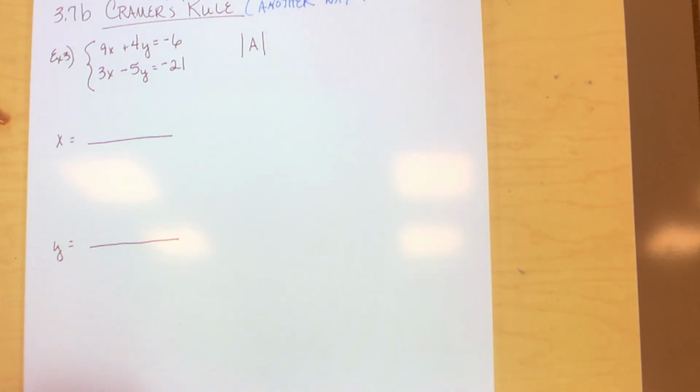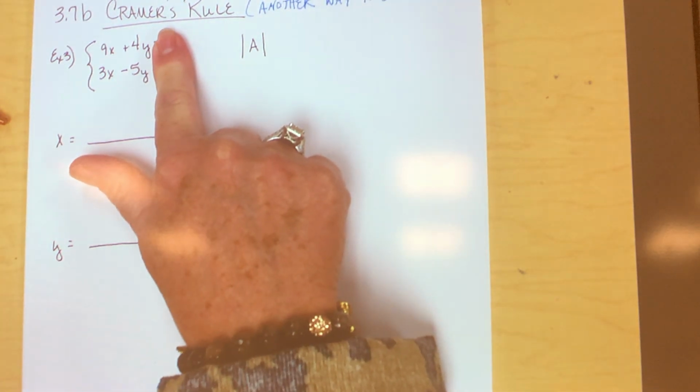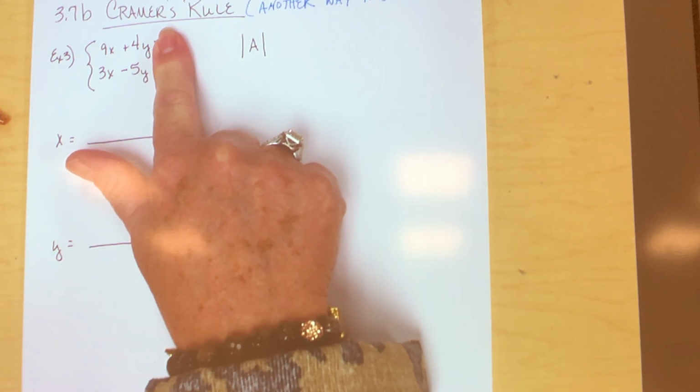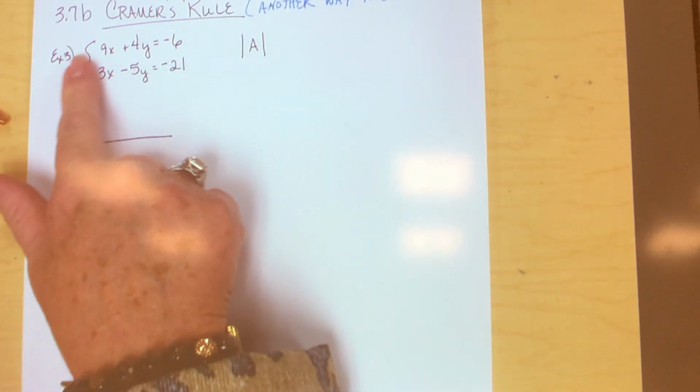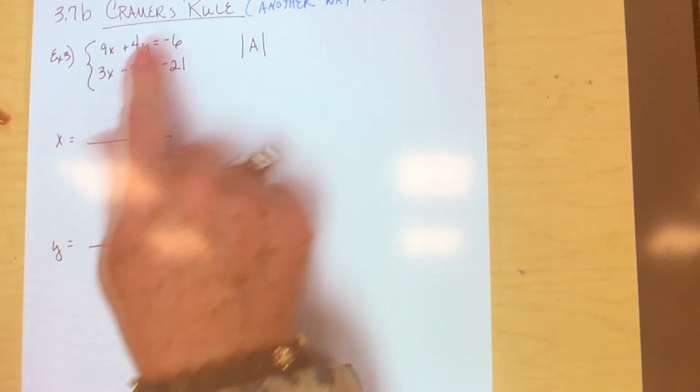I don't care what variable you're looking for. It does not matter. The bottom determinant is gotten from the left side of the equations, and you throw away the variables. I don't need the x's and the y's because the first column represents the x's and the second column represents the y's.